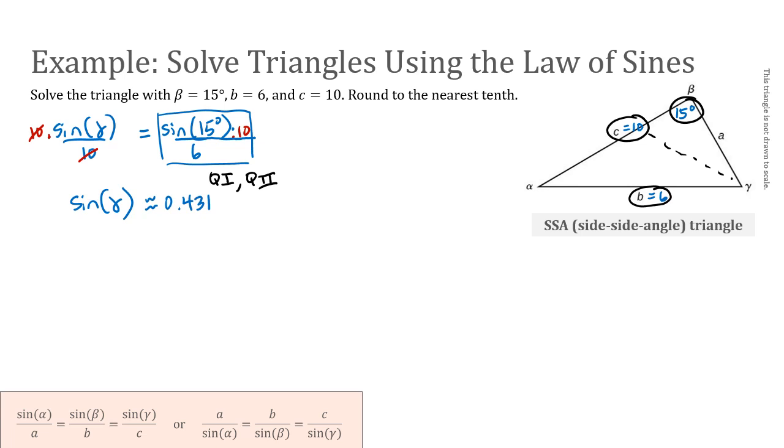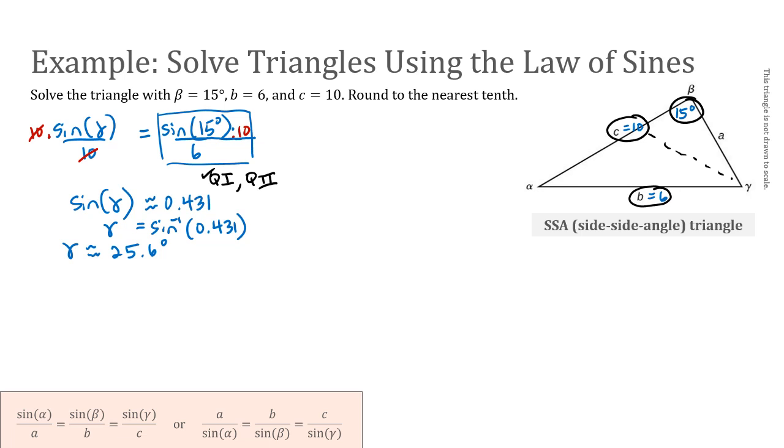If I take the inverse of the left, I'm left with gamma. And if I take the inverse sine of 0.431, I get that angle gamma is approximately 25.6 degrees. That is in quadrant 1, so that's my quadrant 1 answer.